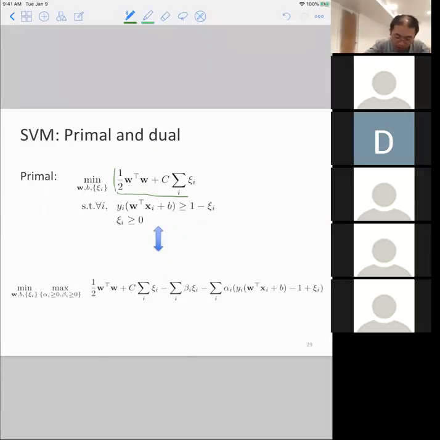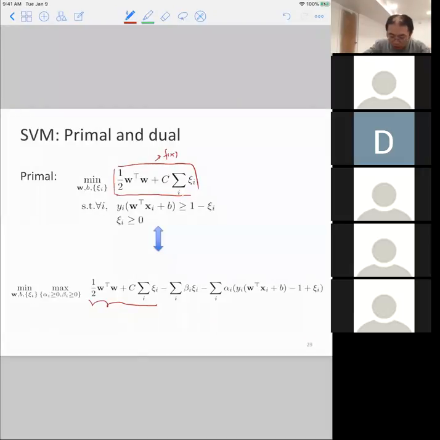First, let me switch to the red pen. So this is our original objective function, f of x. In our Lagrange function, we need to first copy the original objective function. Then for each constraint, we introduce a Lagrange multiplier. For each instance, we have two constraints.